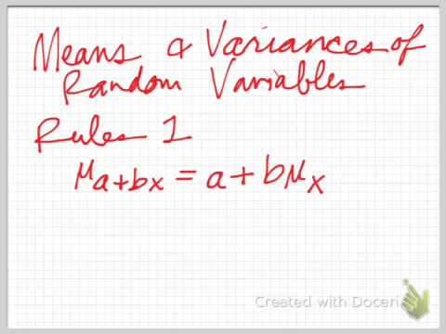So if the mean of a random variable was 4, if you want to add 5 to that mean, the mean of the transformation of the random variable would be 9. If you want to multiply by 2, then it would be 8, 2 times 4, okay.